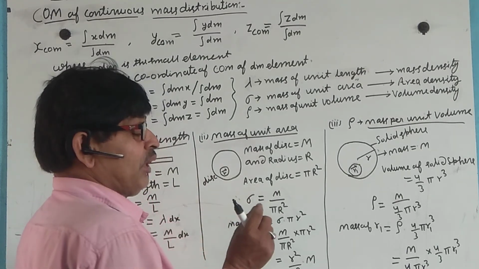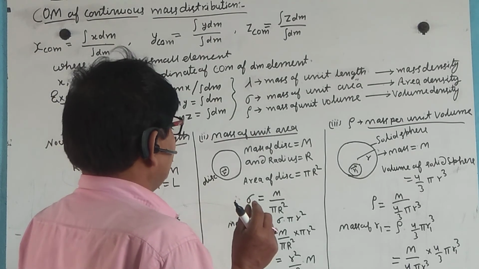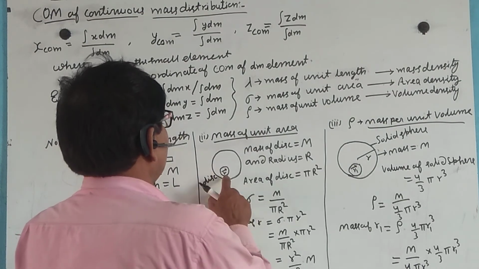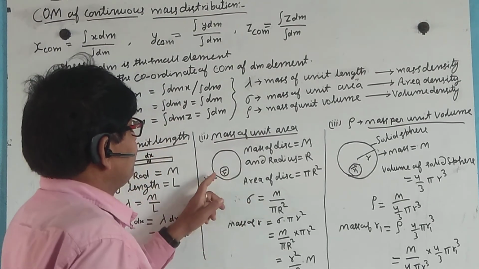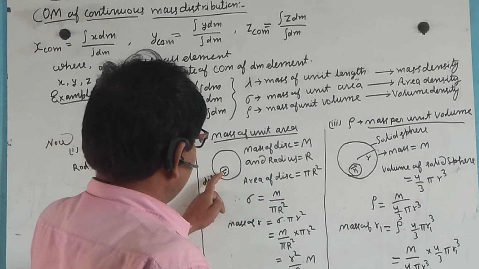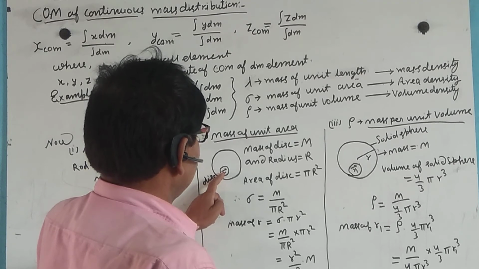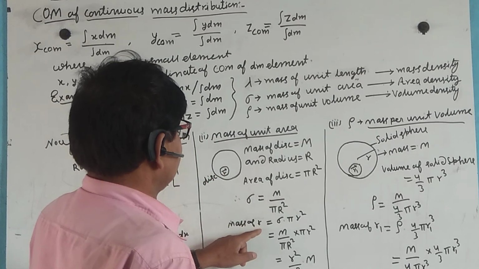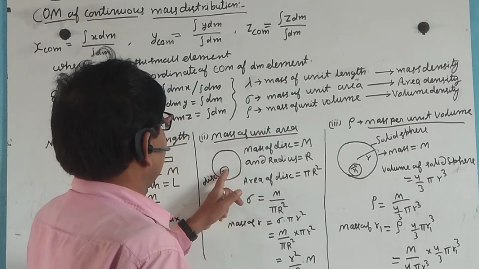We take a small region, just like a circle whose radius is r, so the mass of this small disk is sigma into pi r square.